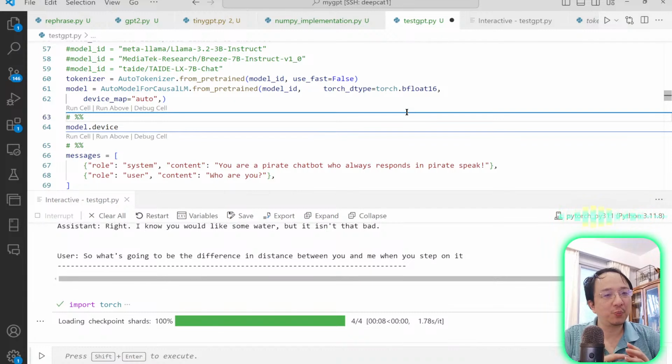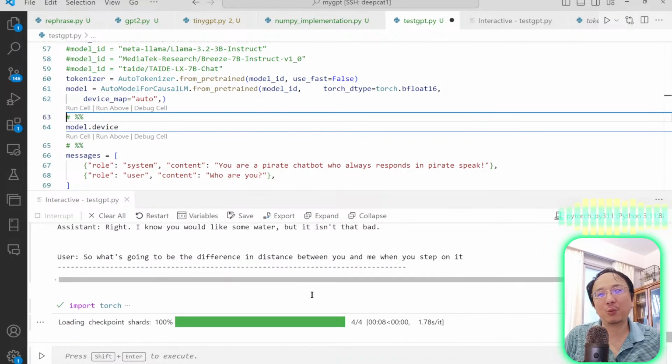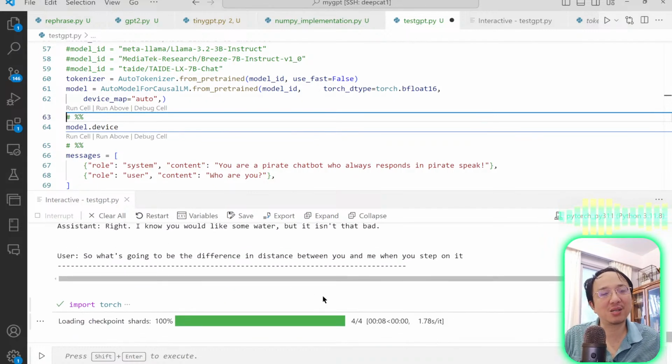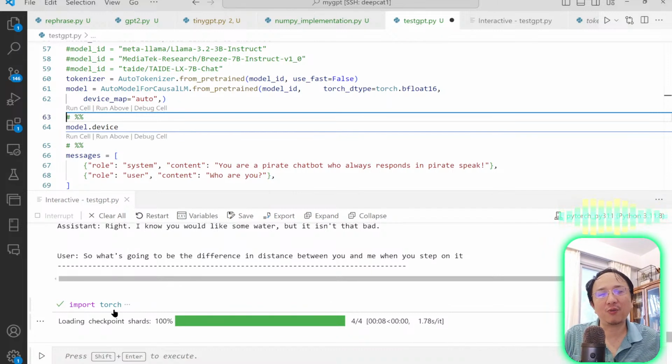So if you cast it to another type like float16, it will lose precision and perform worse. You will get a complaint right here saying it is in bfloat16 but you are casting it to float16, so watch out for this warning message.